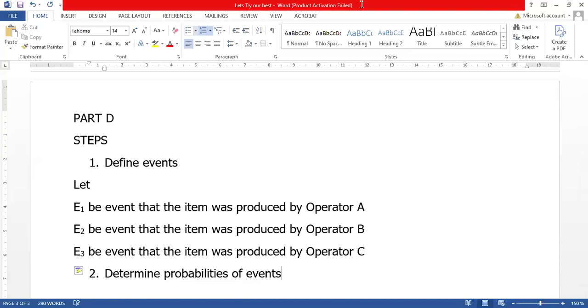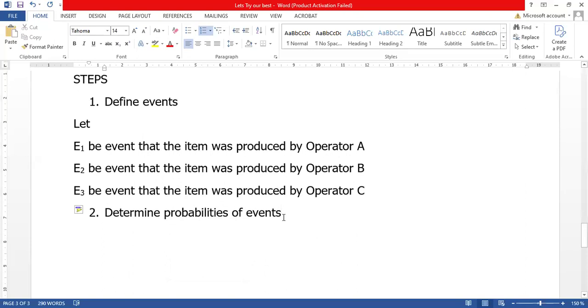You have defined your events, so what are the corresponding probabilities for each event? The probability of E1 is what, from the question? What is the probability that the item was produced by operator A? 45%.